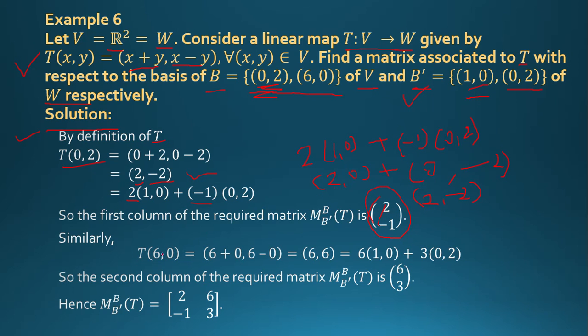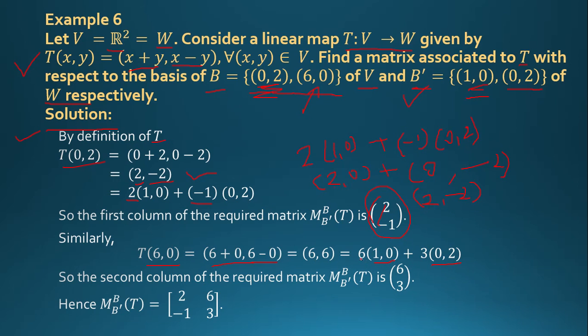Similarly, T of (6, 0) is equal to, by definition, (x plus y, x minus y), 6 plus 0 and 6 minus 0, is equal to (6, 6). In the basis, first component (1, 0) and second (0, 2).